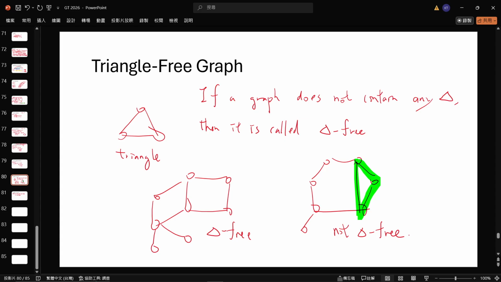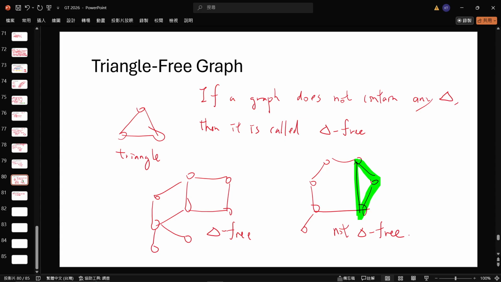But this is under the assumption that we do not increase the number of vertices, so the vertex set is fixed. For example, here we have 8 vertices, so you cannot add any more vertices. But if you try to add more edges to the graph, you're going to find triangles.